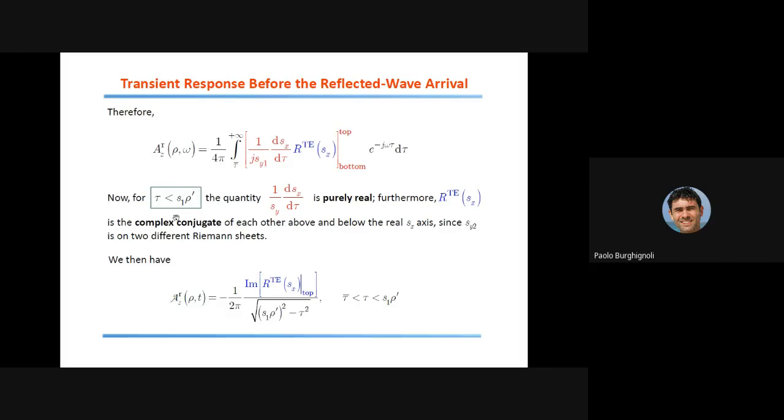So when we are evaluating the potential for times less than S1 rho prime, then the square brackets inside the integral take this specific value that is written here, and it's also the time domain waveform for those values of time. Okay, we see that in the numerator there is the imaginary part of the reflection coefficient.